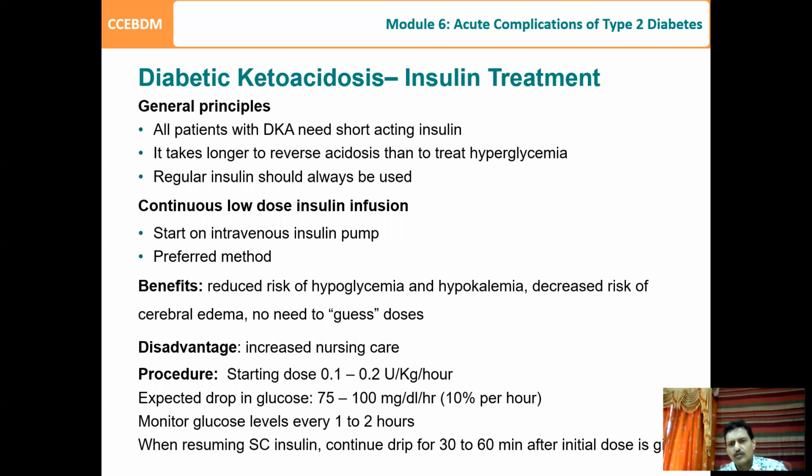As you can see, in most situations we expect a drop in the blood glucose level of roughly 10% per hour. If the drop is between 30 to 50 milligram per dL, then I am very happy as far as the insulin infusion rate is concerned.